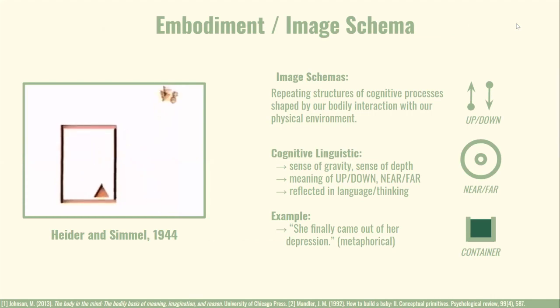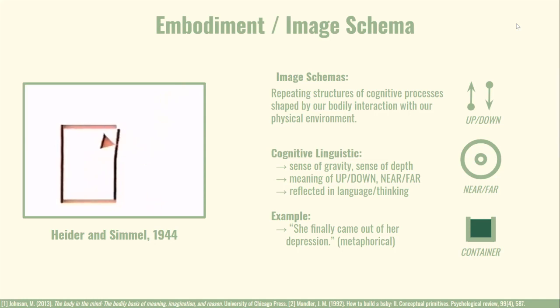To give an example, the underlying assumption here, referencing Johnson, who wrote extensively about this, is that any entity or human that lives in the physical world is able to perceive gravity, and hence there is an inherent understanding of the concept of up and down. In the same way, we have depth perception, which allows us to understand what is meant by near and far, even though we do not necessarily need to agree on a specific word for that.